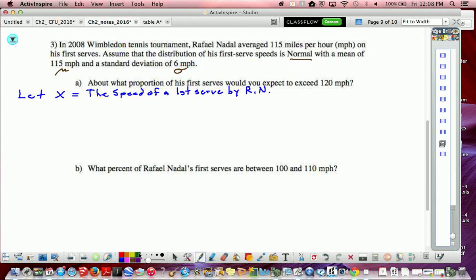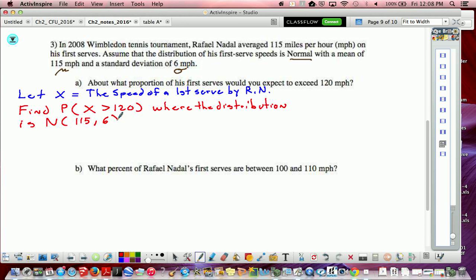It's the speed of his first serve. So on this first one, I want to find the proportion of first serves, x, that exceed 120 miles an hour, where the distribution is normal with a mean of 115 and a standard deviation of 6.